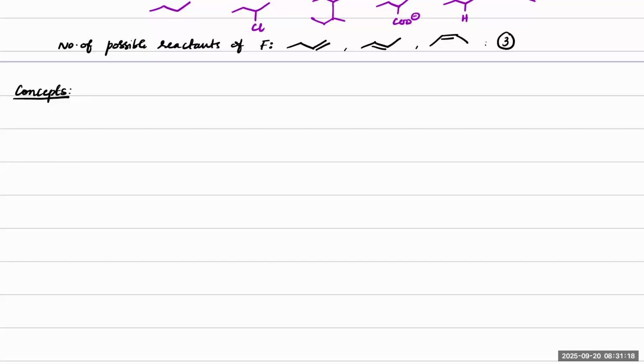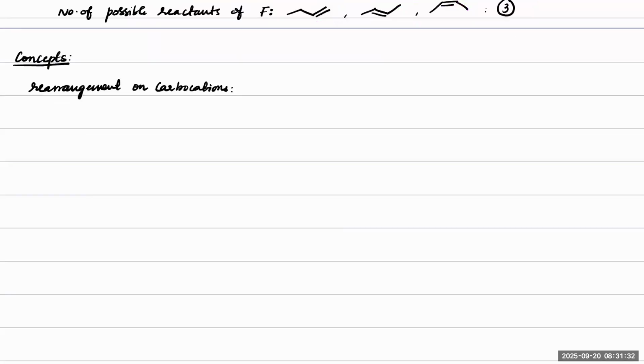Clear, beta? So mostly you check rearrangement on carbocations. For that, you need to check migrating aptitude. H is greater than aromatic group, greater than 3 degree, 2 degree, and 1 degree, and lastly methyl.